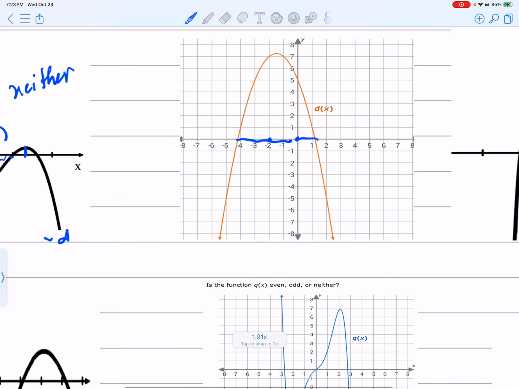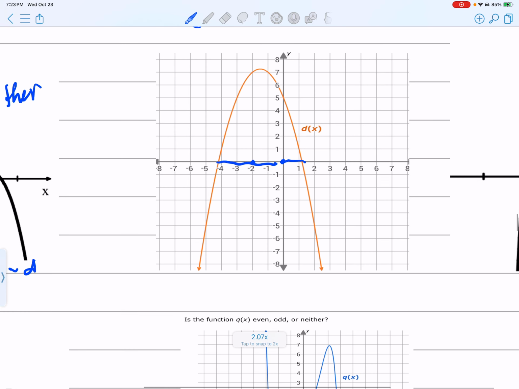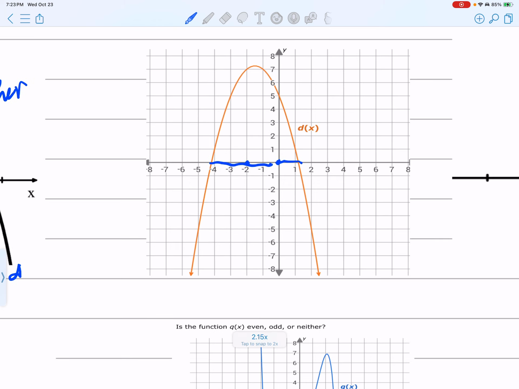Let's look at this. Oh, I put some markings here. Okay, I'm gonna take that out. All right. Both ends pointing to negative infinity. So you might think, oh, this is even because both are negative.